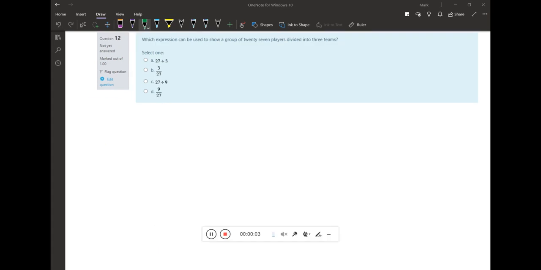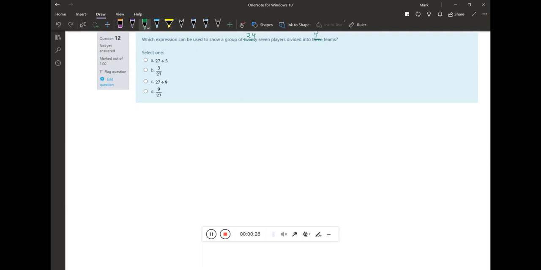Okay, so this is asking which expression can be used to show a group of 27 players divided into 3 teams. So basically, an expression would be the way that we could show that happening mathematically. Okay, so I'm going to do this with a couple different numbers here. So let's say 24 players divided into 4 teams.